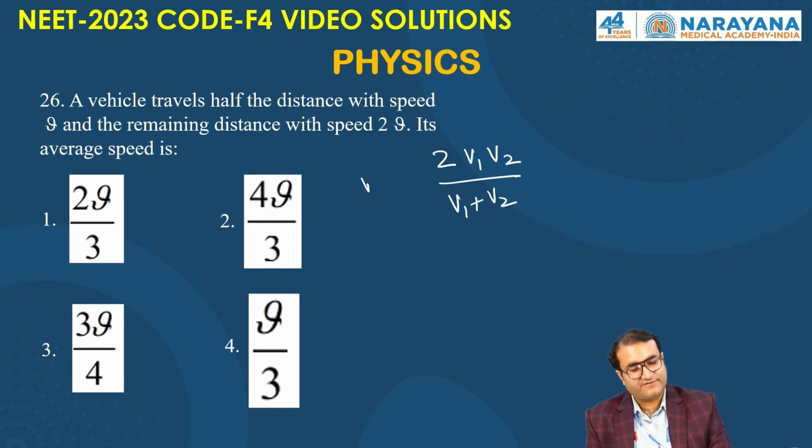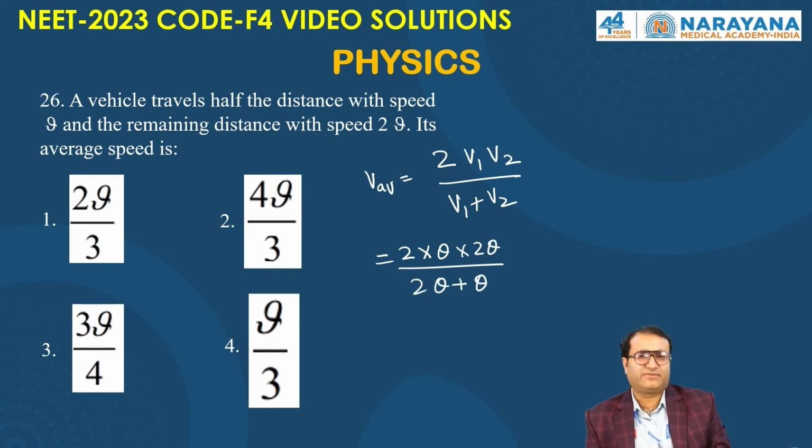This is the formula of average speed if an object is traveling for first half of the distance with speed V1 and next half of the distance of the journey with speed V2. So it is 2 into theta into 2 theta divided by 2 theta plus theta, or you can write theta plus 2 theta, one and the same thing. So for this question number 26, second option is correct.